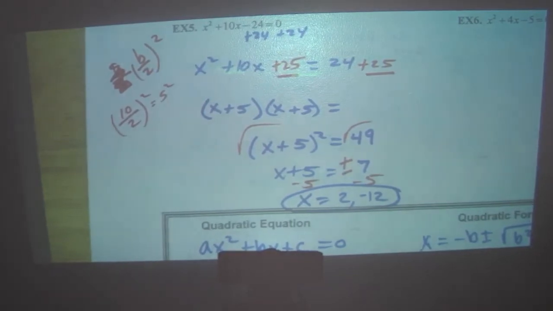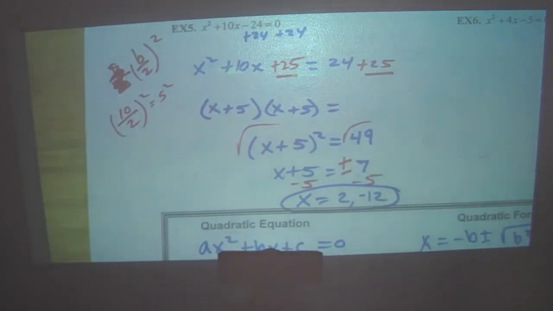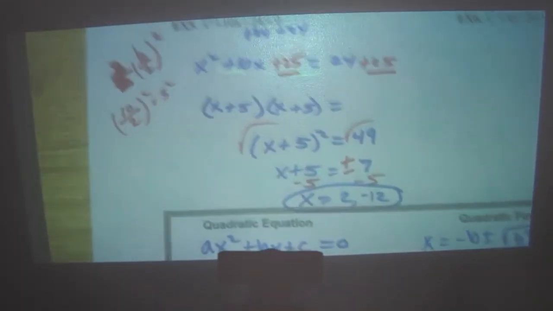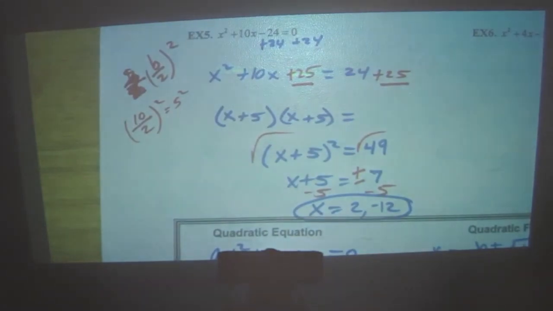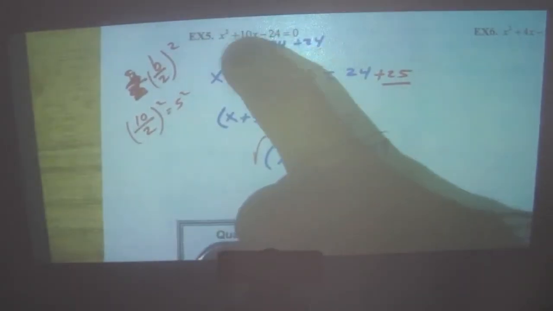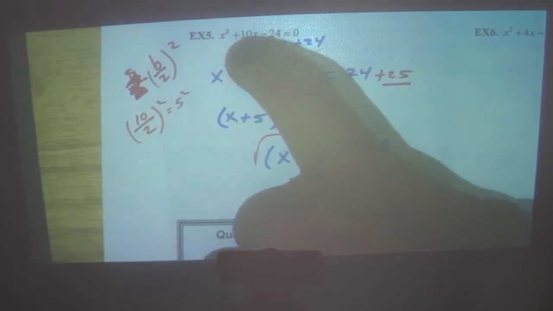Again, completing the square is a technique that we can use. We could also just factor this thing, right? We could have come up with factors of negative 24 that add up to 10. 12 and negative 2 would have worked, right? Completing the square is not great to use, especially if this number here is an odd number. Let's say that was like a 7x.